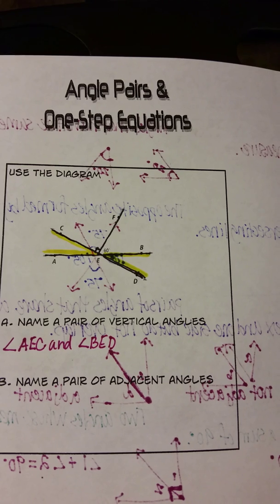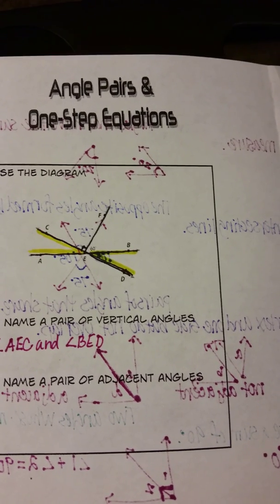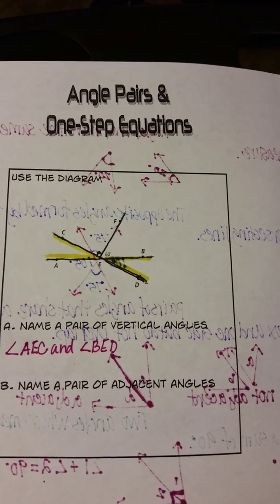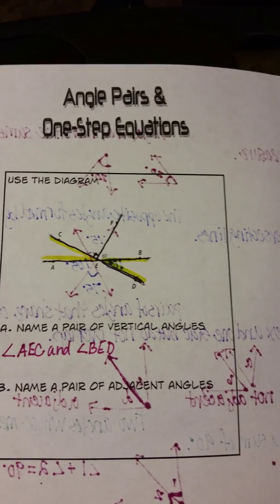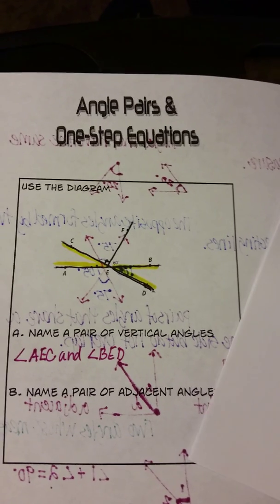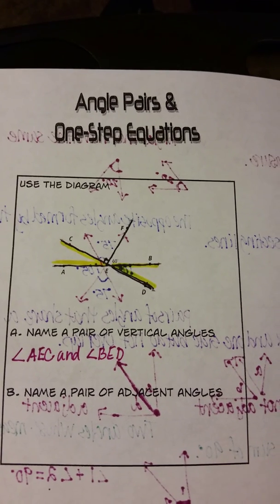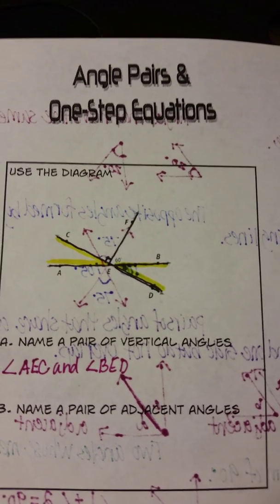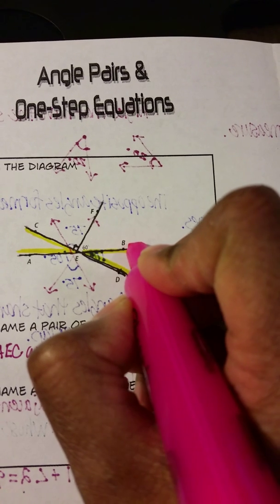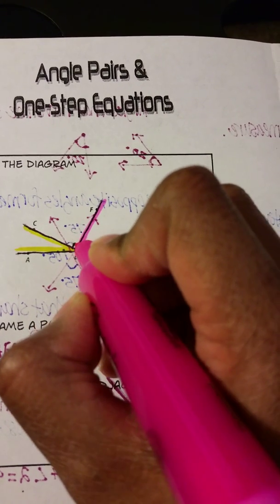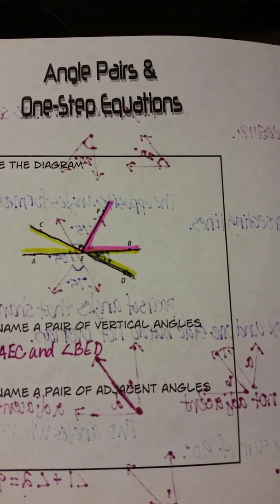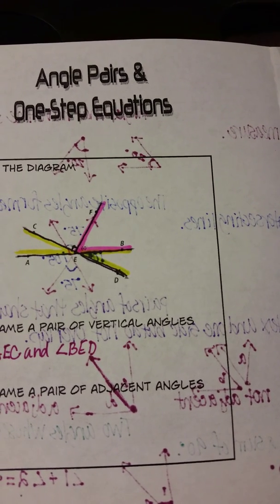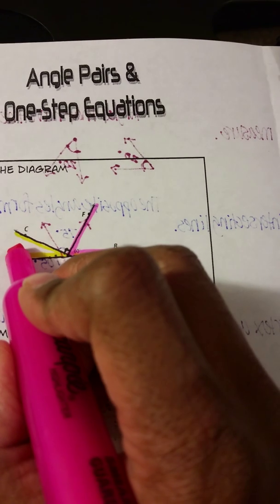Now let's look at adjacent angles. Adjacent angles are angles that are beside each other, sharing the same vertex and the same side. Let me pick an angle here, how about BEF? Let's pick an angle that's beside it, how about AEF?